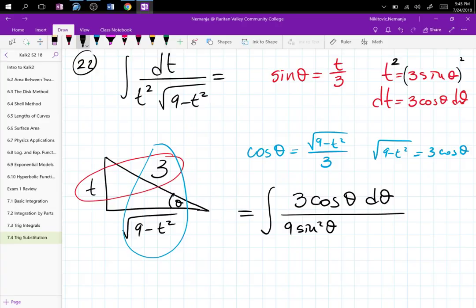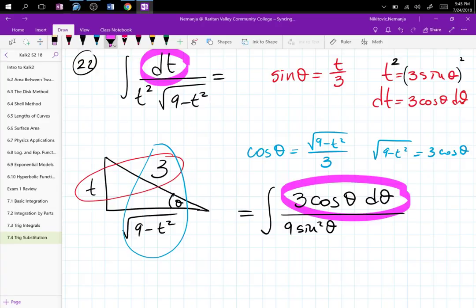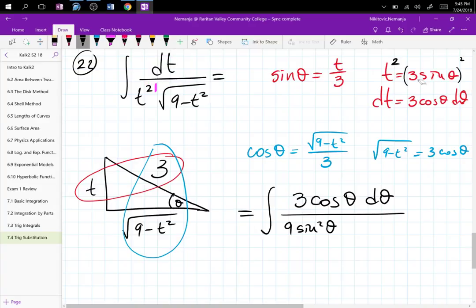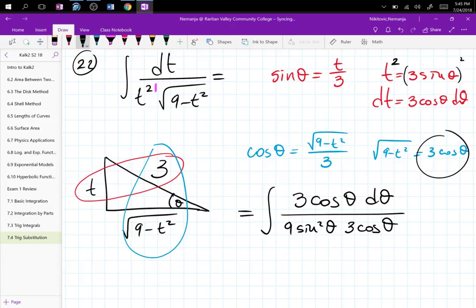So we are done with the dt. We are done with the t squared. The only thing that is left is to replace the square root, and square root is 3 cosine theta. So square root is 3 cosine theta. Right, we see it right there.